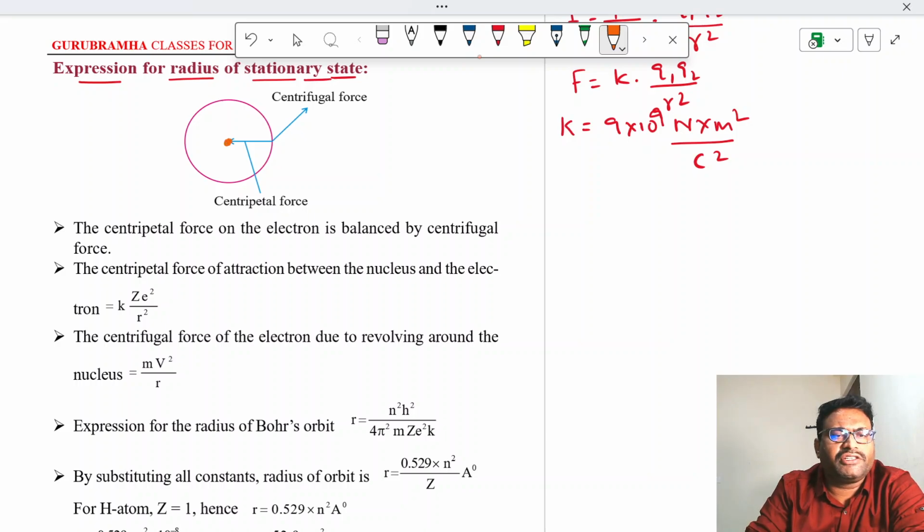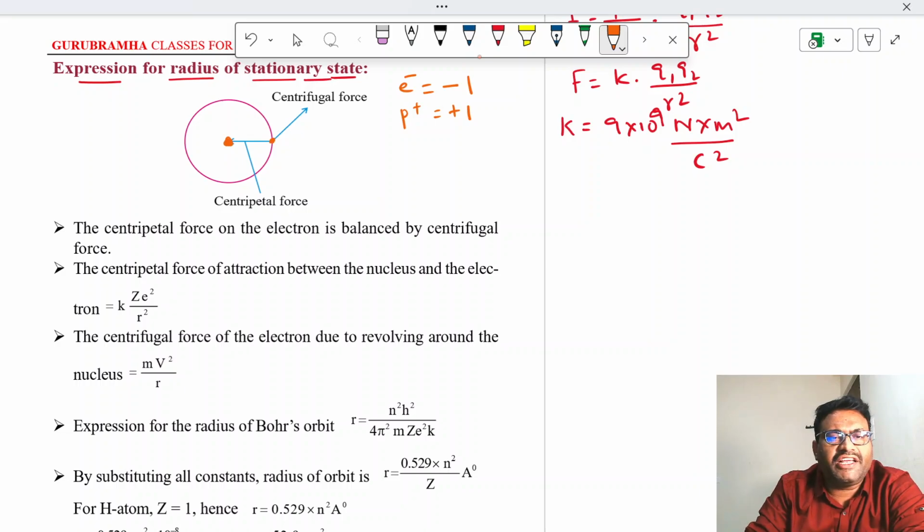Here is the nucleus, let us see in the diagram, and here is the electron. The charge on an electron is negative 1 charge. The charge on a proton is positive 1 charge. Considering only the magnitude, the magnitude of charge on an electron is equal to the magnitude of charge on a proton.